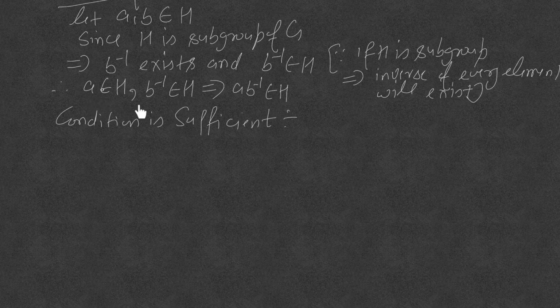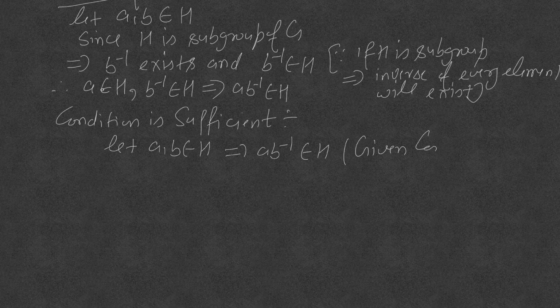Now we will suppose this condition and prove that H is a subgroup. So let A, B belonging to H imply AB inverse belonging to H be the given condition. Fine, that we have now assumed.